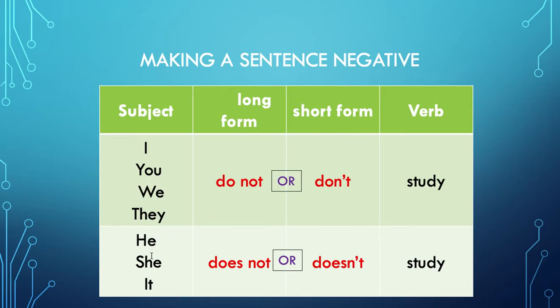For he, she, and it, you can choose the long form does not or the short form doesn't. And then after, we have the verb.